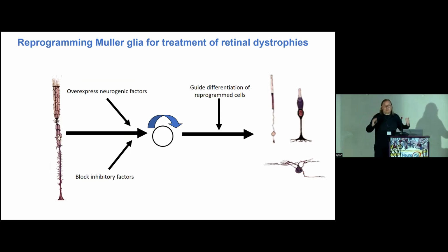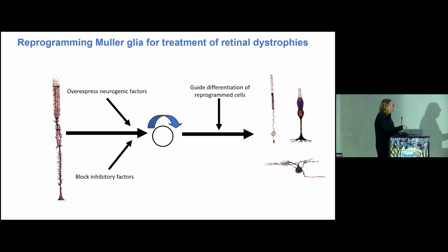So what strategies have been used to induce reprogramming of mammalian Müller glia? Most of the effort has really gone the Yamanaka way, simply to take neurogenic factors, usually transcription factors, and misexpress these, either using transgenics or viral vectors, to convert the glia to a neurogenic progenitor. And there have been several groups, particularly Tom Reh's group at the University of Washington, that have had considerable success doing this with factors such as ASCL1.